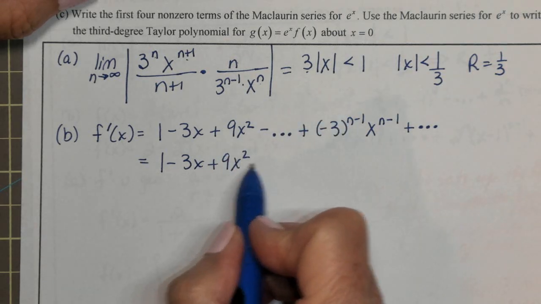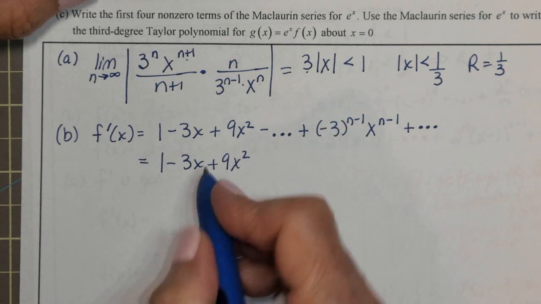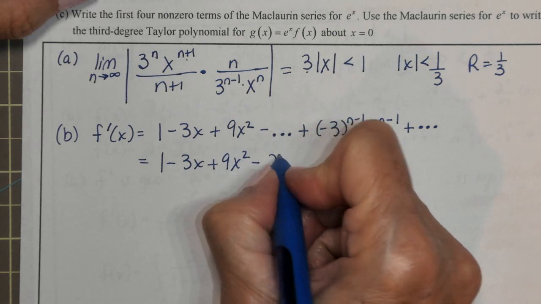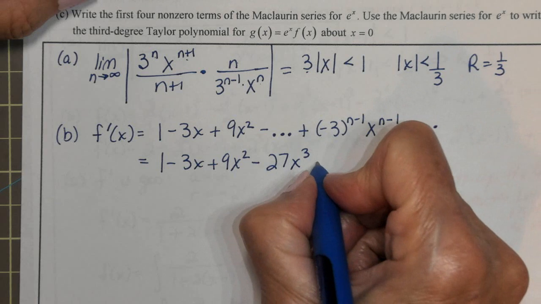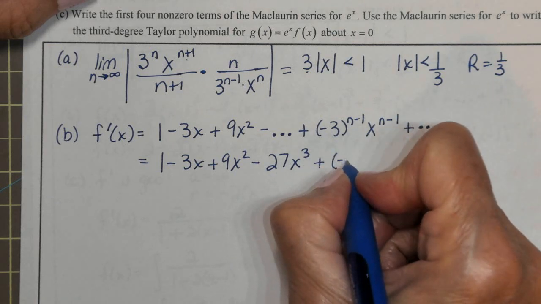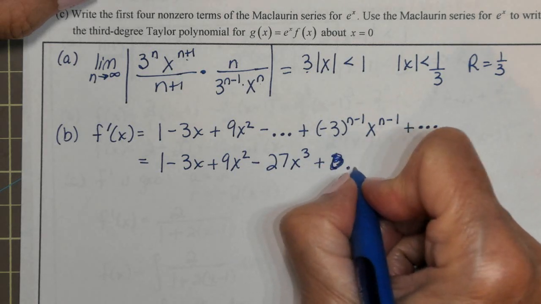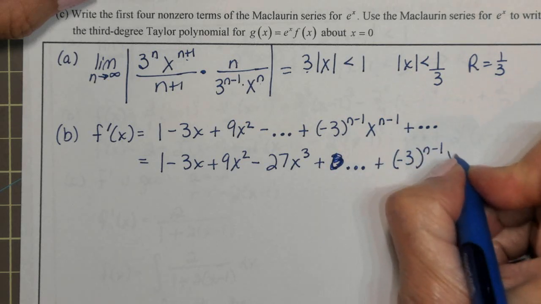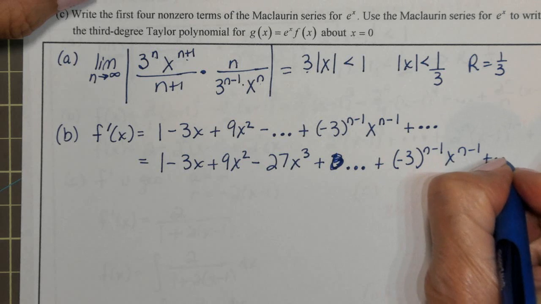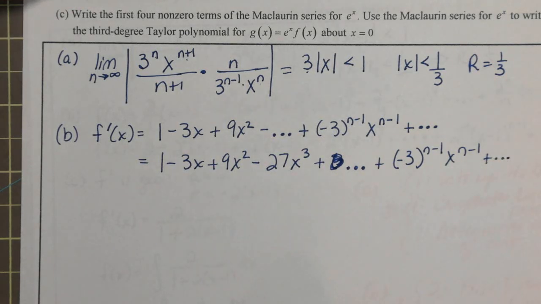What will be the next term? What's the pattern? Minus 27x cubed, right? Dot, dot, dot. I'm just rewriting what's above. Okay?